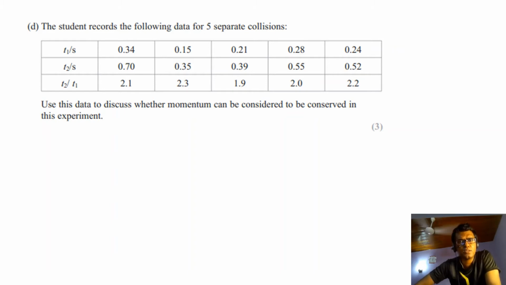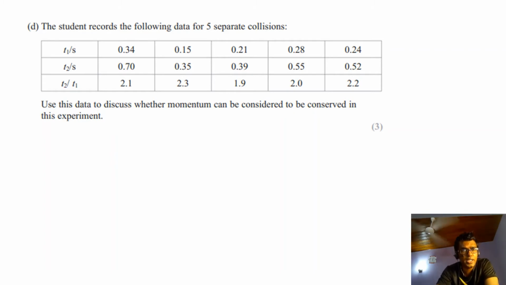But in this case, what we're trying to do is basically check the validity of the experiment by repeating it, right? When you do the experiment first, you get T1 as 0.34, T2 as 0.70, and the second time you get different values.